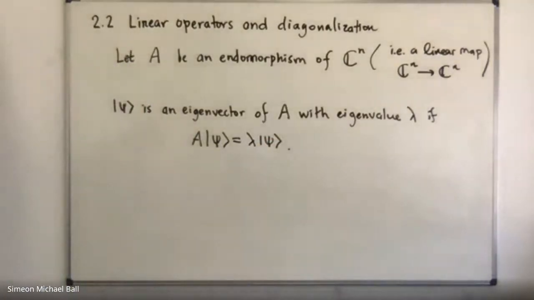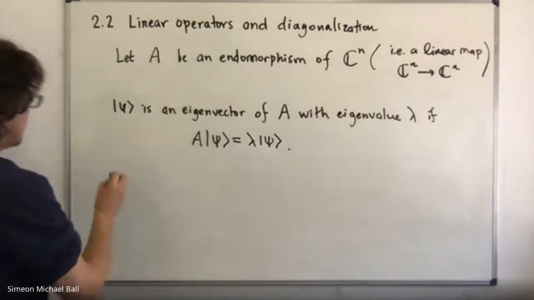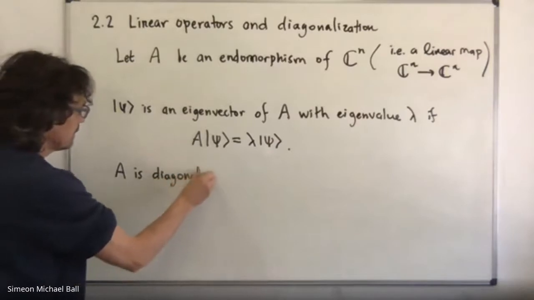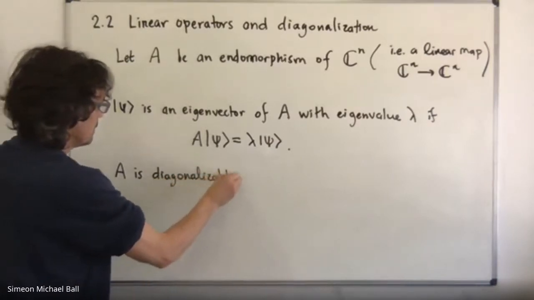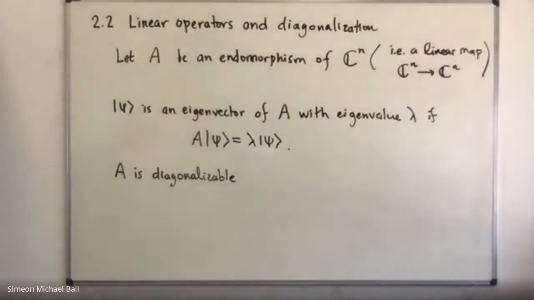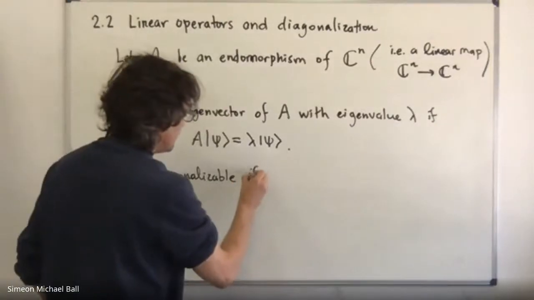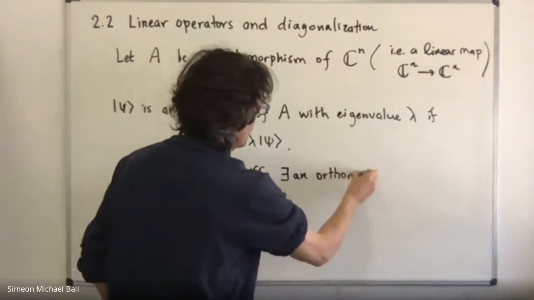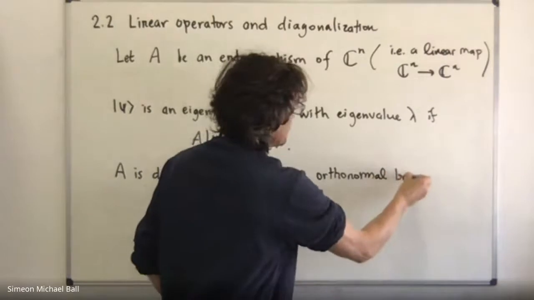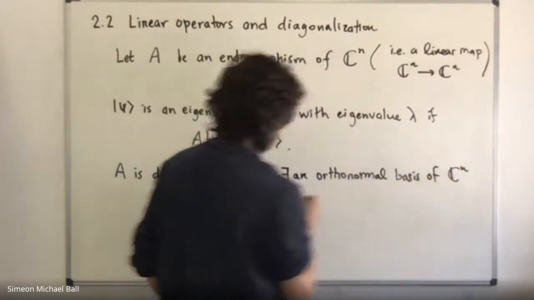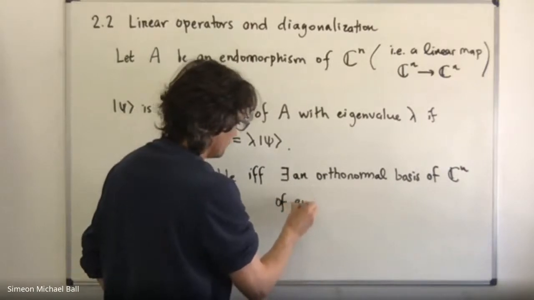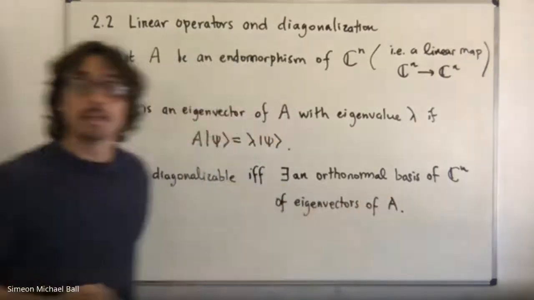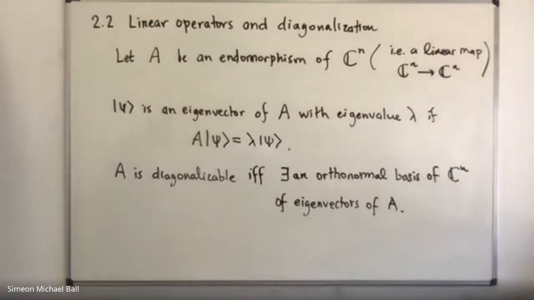And the definition of diagonalisation: A is diagonalizable if and only if there exists an orthonormal basis of Cn of eigenvectors of A. That should be all very familiar.